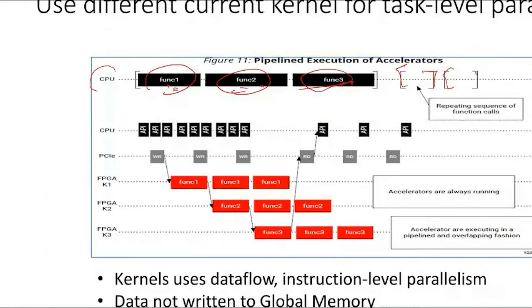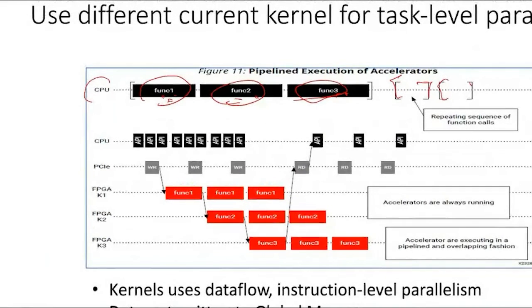You can imagine that in HLS, if you have three functions running sequentially, you can use dataflow. The same thing, you put these three functions into three kernels, one kernel for each function, and run the three functions. Actually, here that's a pipeline, an FPGA pipeline.